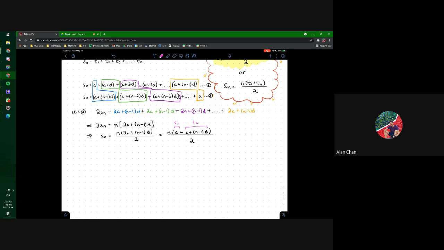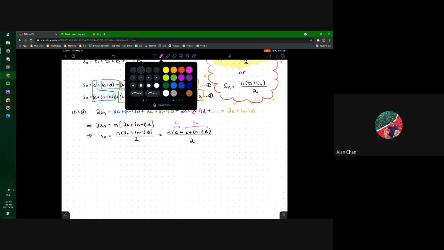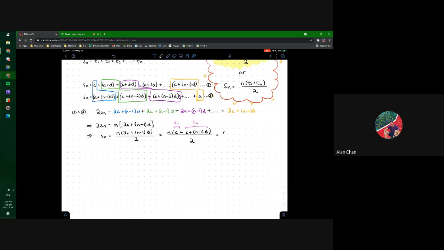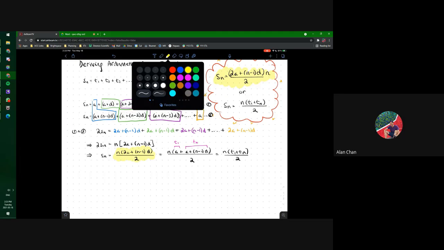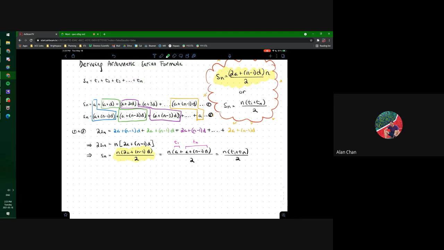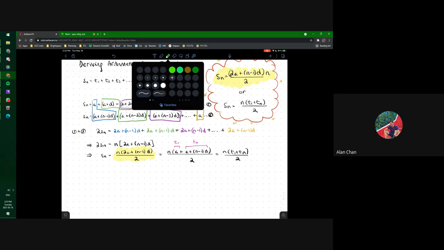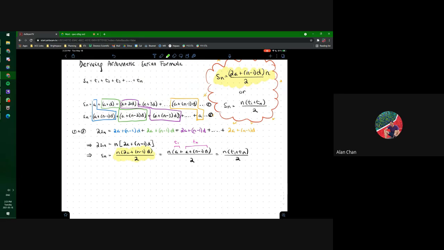This is Tn. And that's why we can write it as n times (T1 plus Tn) over 2. Why did I write T2? Tn over 2. And those are the two equations. So this is the first one, and this is, wait, where's my lime green? We like that one. There. This is the second one.